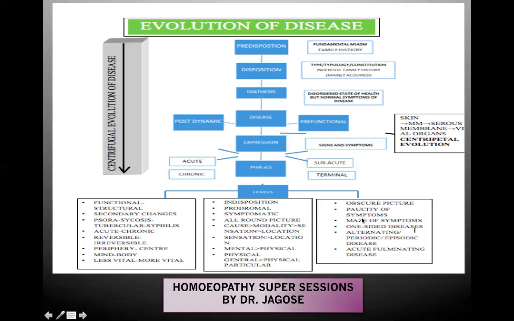So we are seeing the patient at the different levels of expression. Then we have to trace the picture of the disease by seeing what is the phase of the disease, what is the expression of the disease, then what is the disposition and the predisposition of the patient. So from below, we are going upwards to trace the correct evolution of the disease.